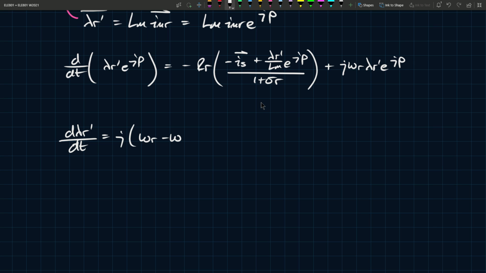I was going to define omega s as the supply, but we can just leave it as omega. Plus 1 over tau r, and we've seen tau r before, times e to the minus j rho minus lambda r.